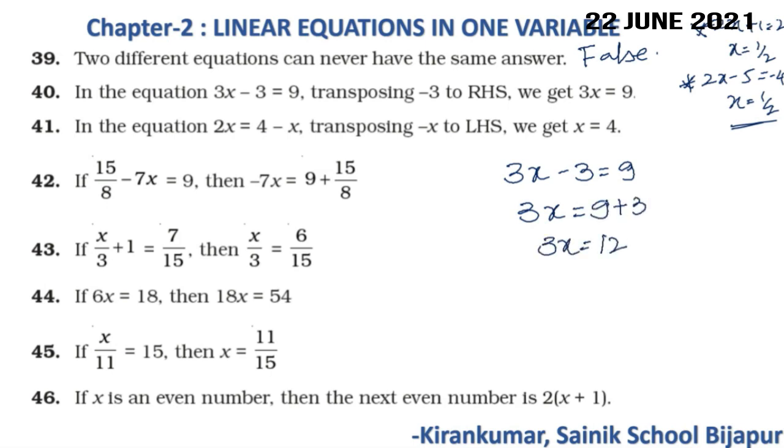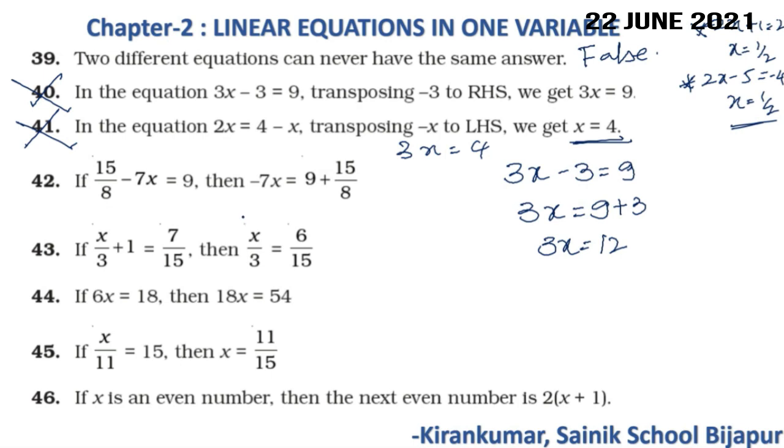Hence, the given statement is again a false statement. Question 41. The equation 2x is equal to 4 minus x, transposing negative x to the right hand side, we do not get this. Instead, we get 3x is equal to 4. So this particular statement is also a false statement.